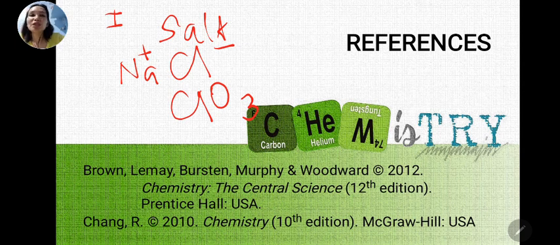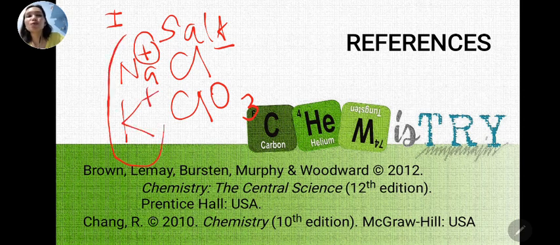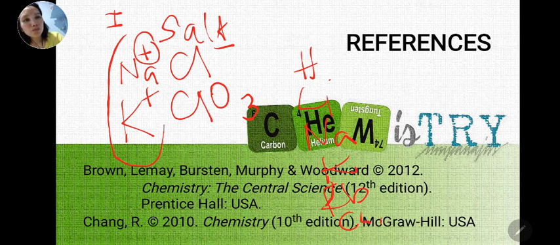ibig sabihin, meron silang... kulang sila ng... ibig sabihin, positive yung charge na positive 1. And then, for example, potassium. Magkaka-group kasi ang sodium, potassium, hydrogen, lithium, sodium, potassium, rubidium, cesium, francium.